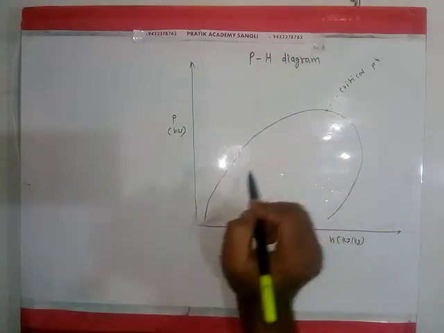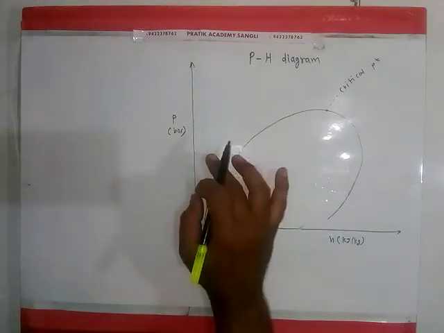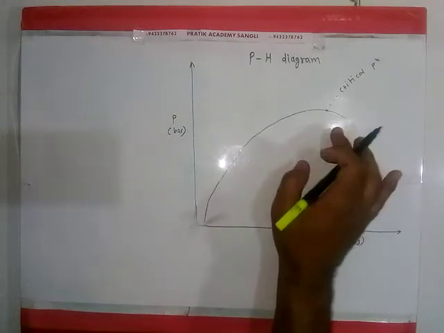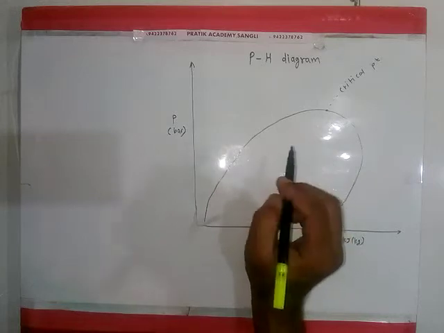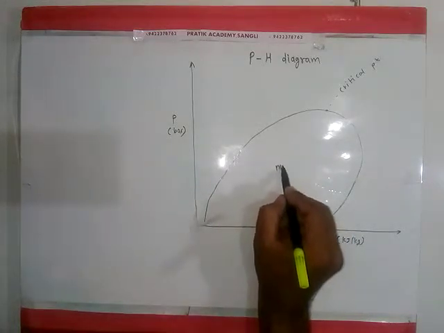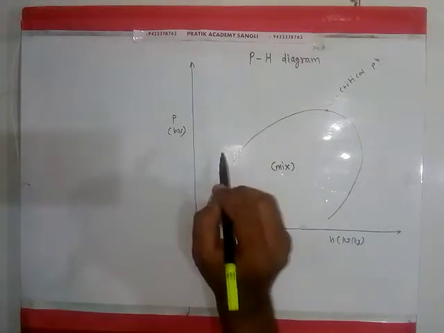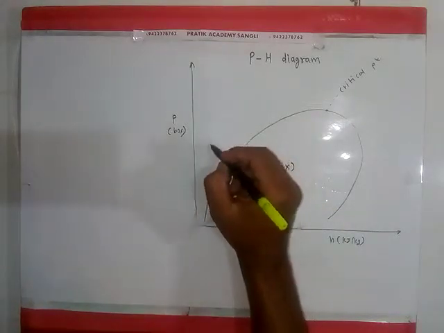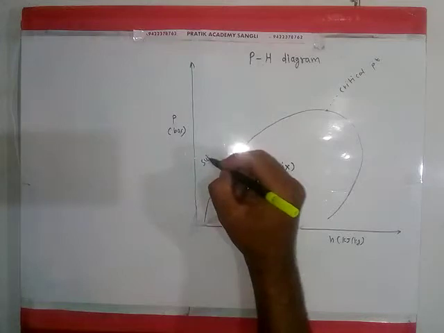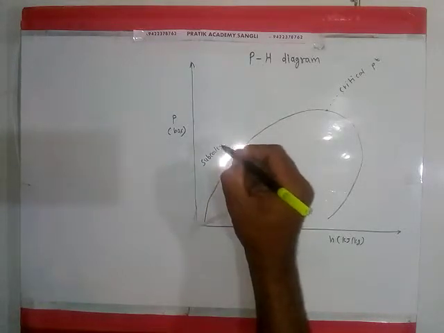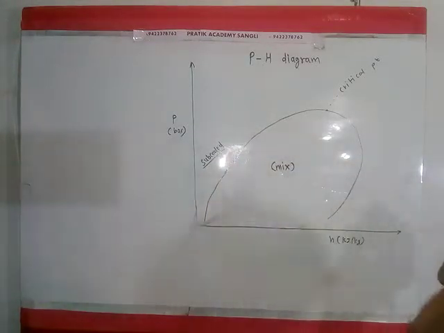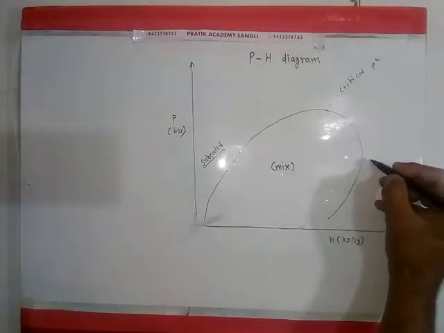Below the critical point there are a total of 3 regions under the saturation region. This is the mixture state, the mixed region. Then this is the subcooled region, and this is the superheated region.